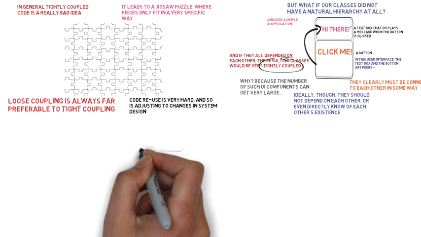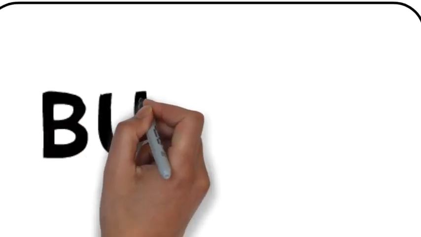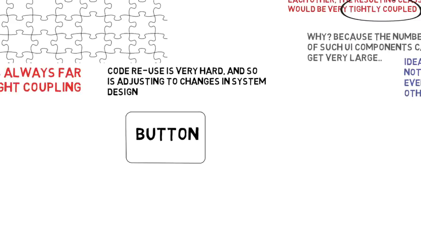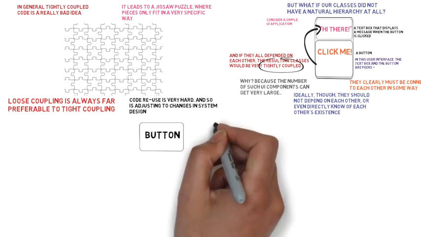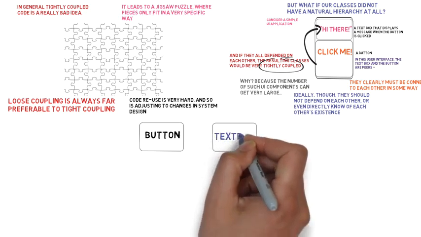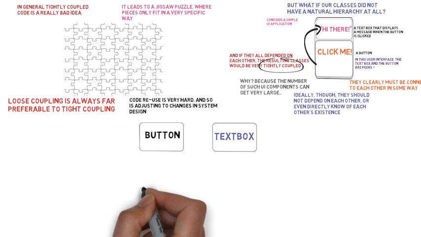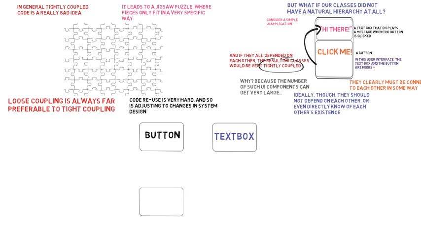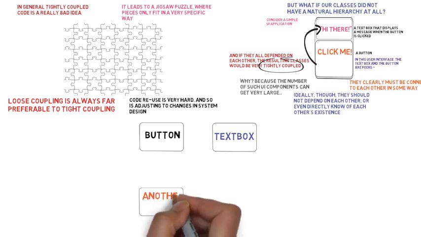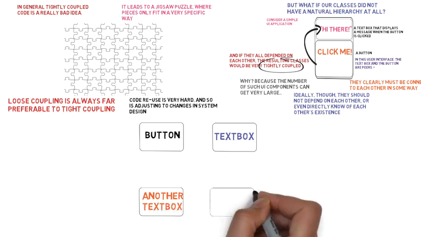Now, in the normal course of events, we don't really write code this way. This is how we write code. Let's set up this UI with 2 buttons and 2 text boxes. And let's see how they interact with each other. The way these buttons and text boxes interact is how we write our code, and it's not in a jigsaw puzzle kind of way.